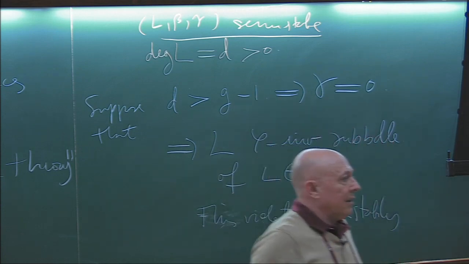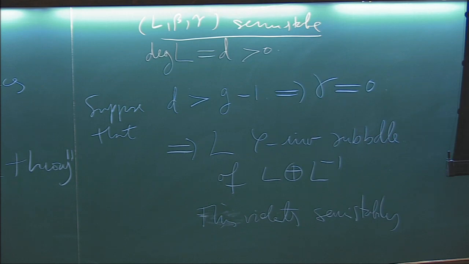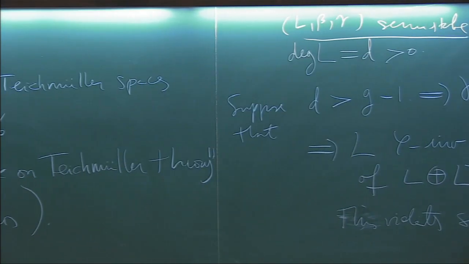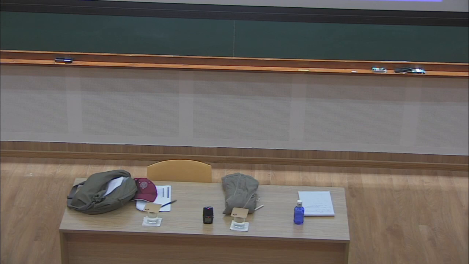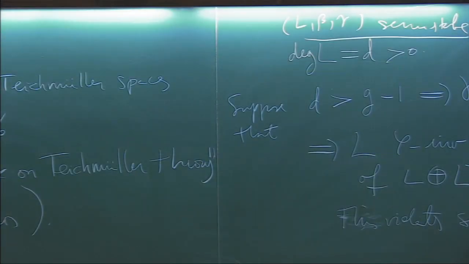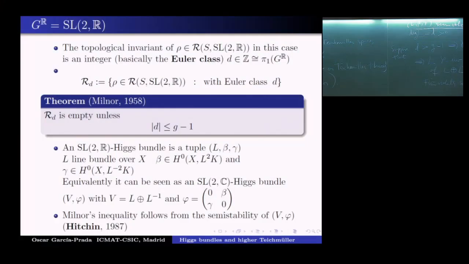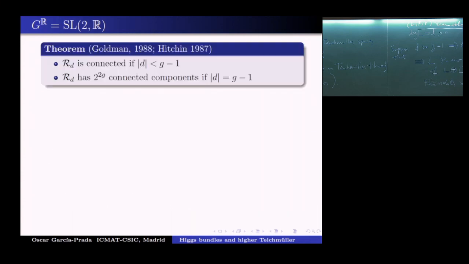In fact, we will later present a very vast generalization of the Milnor inequality, and the Higgs bundle proof is always something like this. But in this example, it's extremely easy. But don't be misled. It's easy after you know the non-abelian Hodge correspondence, which is not easy at all. There are two very deep theorems there. Okay, so let's get now to the injectivity issue.